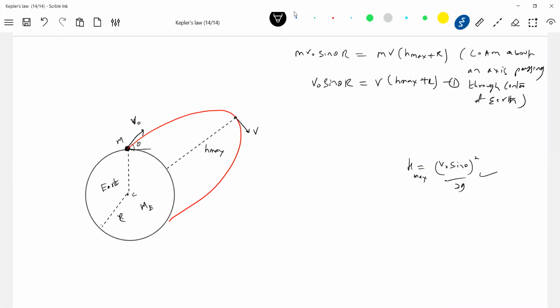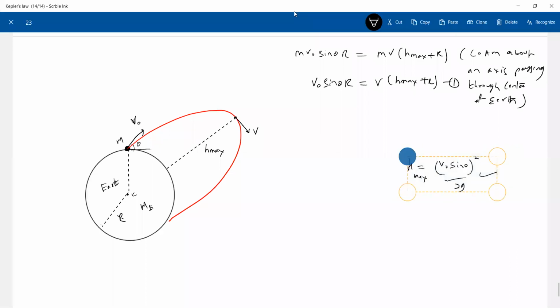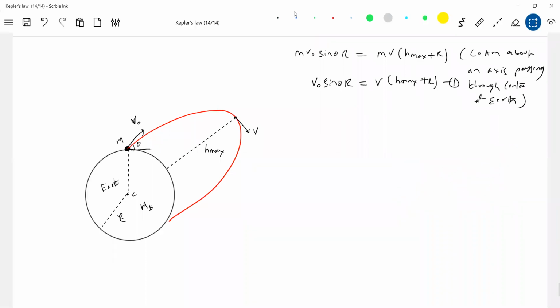Equation 1. I need one more equation. What is the one more equation? Conservation of mechanical energy. So applying that, minus G mass of earth M m by r. Initially it's at this particular point. Interaction potential this much. Finally, shall I write v naught sine theta or only v naught?